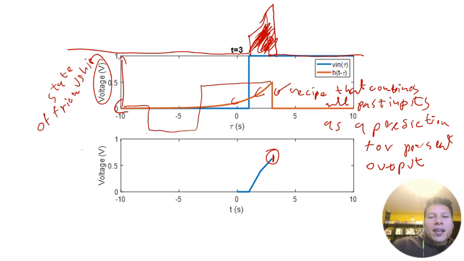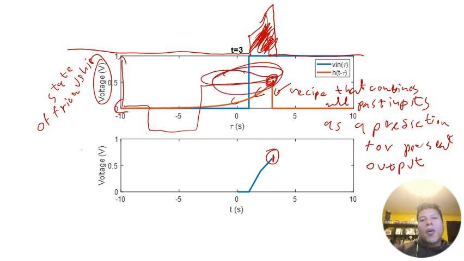Now, what you would expect, if you want to see the state of your friendship at any given time, is that you would weigh your recent interactions more than your more faraway interactions. So if you got in a fight with your friend months ago, at this point it's not going to really affect how you feel about your friend currently. But if you recently got in a fight with them, then it's going to affect how you feel about them at the current time. And so the recipe that you would use to figure out the way you feel about your friend would be that impulse response.